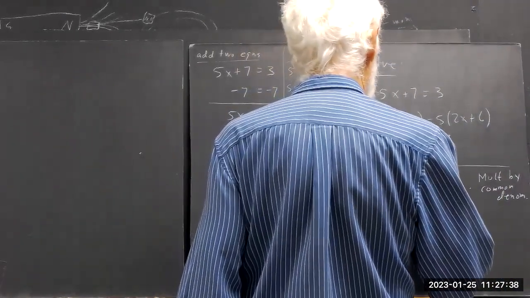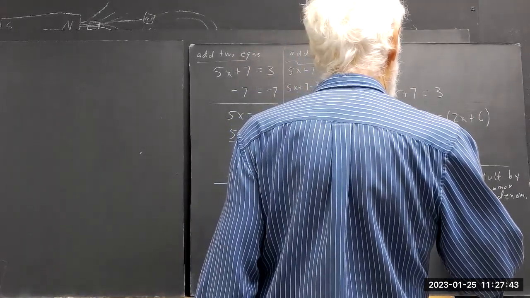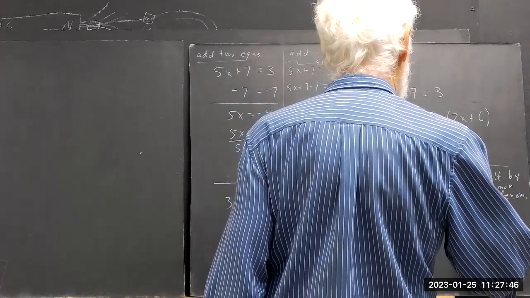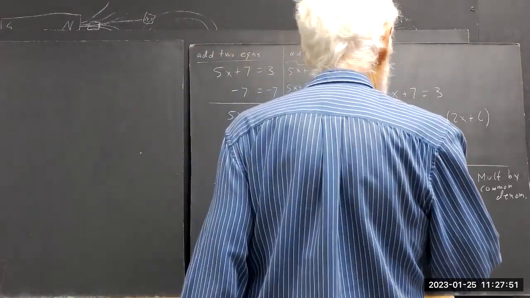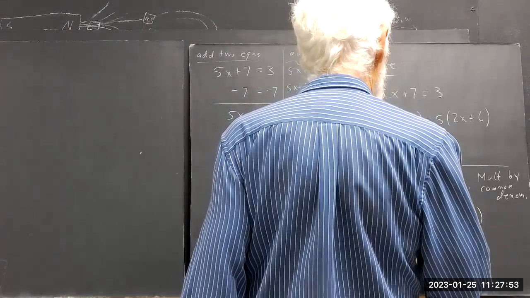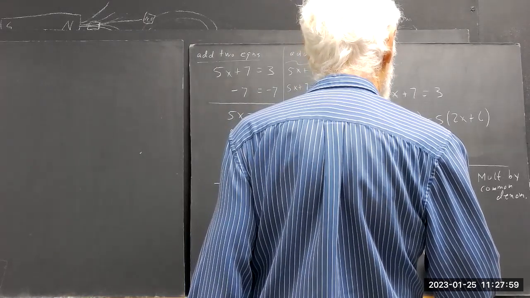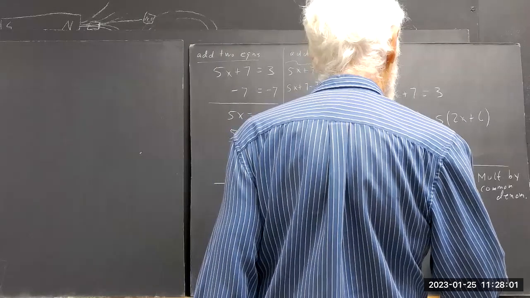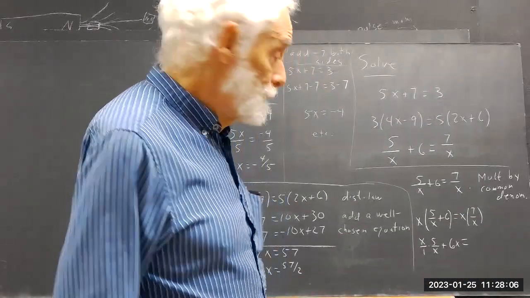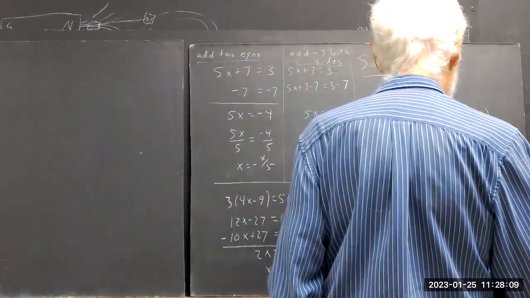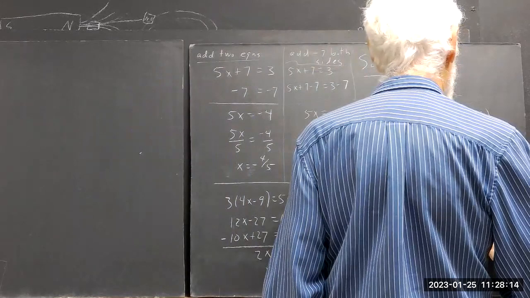The common denominator is x, so we multiply x times 5 over x plus 6, and that equals x times 7 over x. Well, x times 5 over x plus 6, by the distributive law, is x over 1 times 5 over x plus x times 6, which is the same as 6 times x. That equals x over 1 times 7 over x.